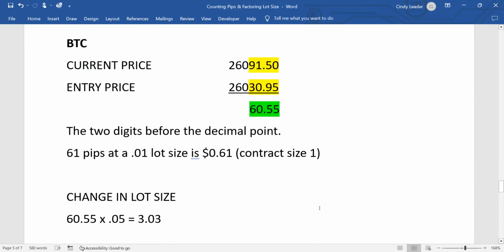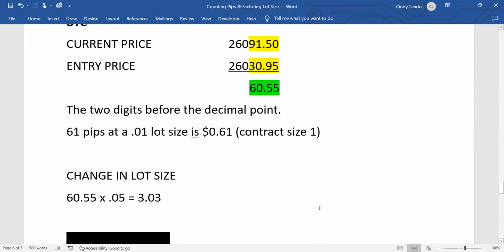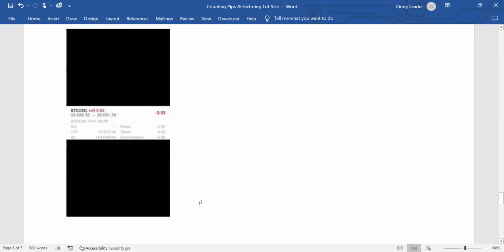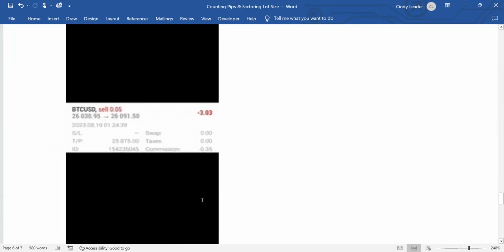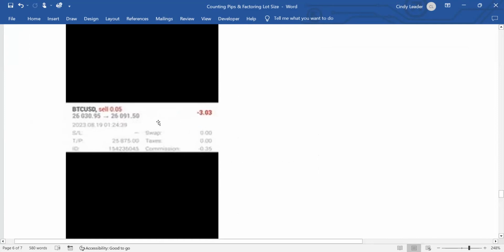And then you add in, maybe you have a different lot size. So on my trade, I had a lot size of 0.05 instead of 0.01. So hallelujah, just basic multiplication. So it was really 60.55 times 5, right? 303.05. And I took a little screenshot of it. I don't know if you can see that. That's really what it translated into.